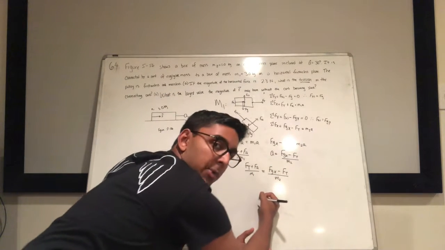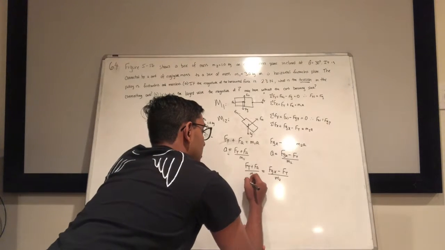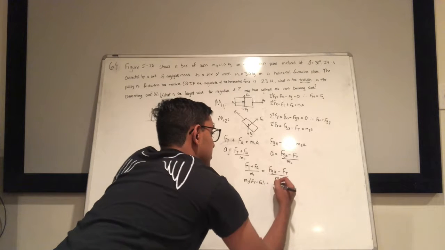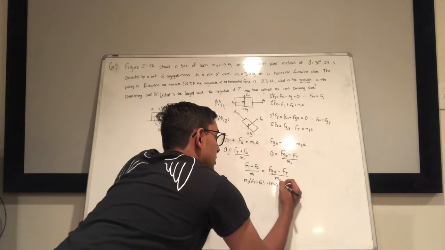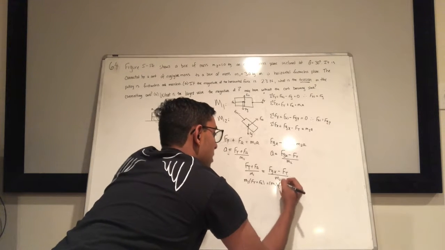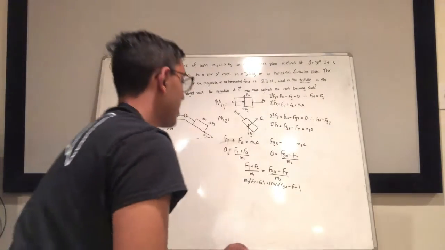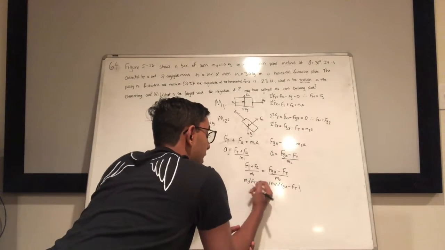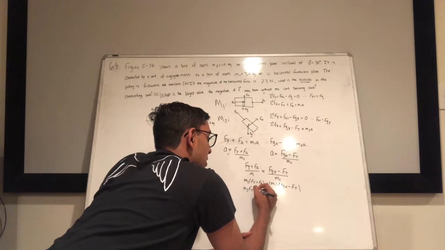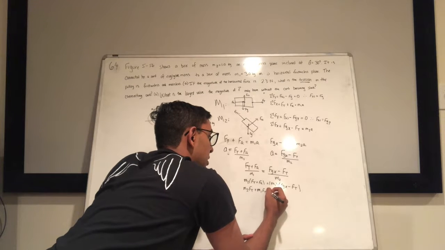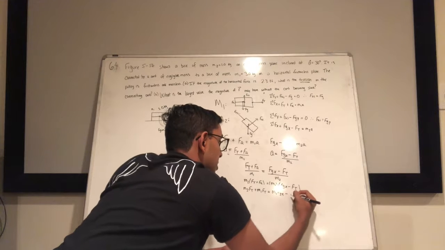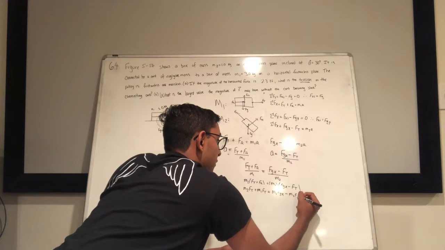Okay, now let's cross multiply and solve for Ft. So M2 times Ft plus Fa is equal to M1 times Fgx minus Ft. Sorry if it's a little small. So now let's isolate all the Ft's on the left side. You get M2Ft plus M1Ft is equal to M1Fgx minus M2Fa.